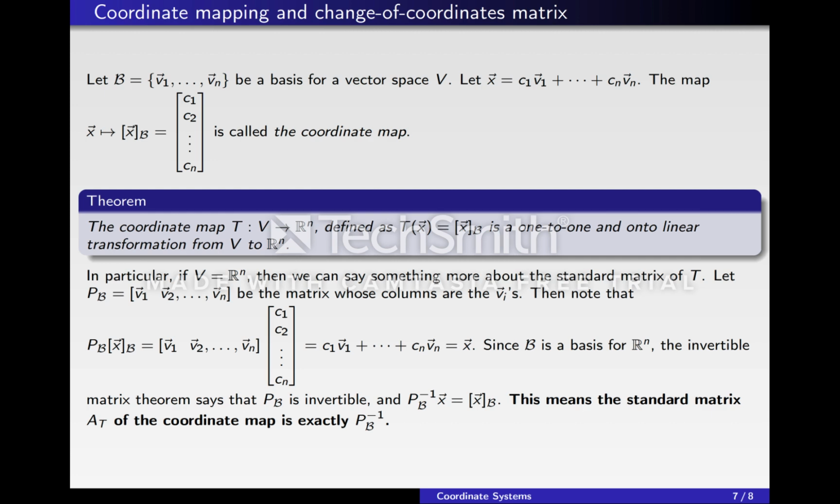And let x be a linear combination of V1 through Vn, so c1 V1 plus c2 V2 plus dot dot dot cn Vn.